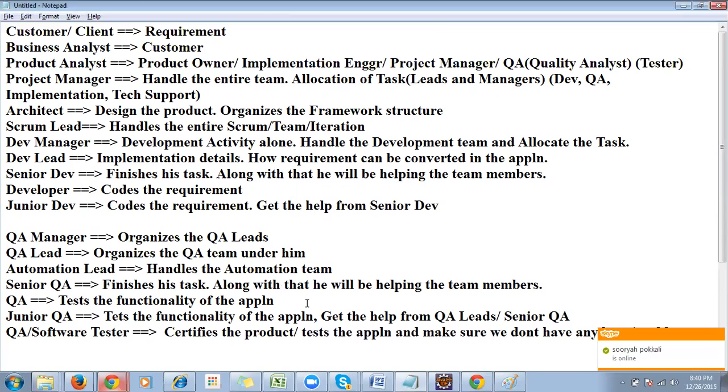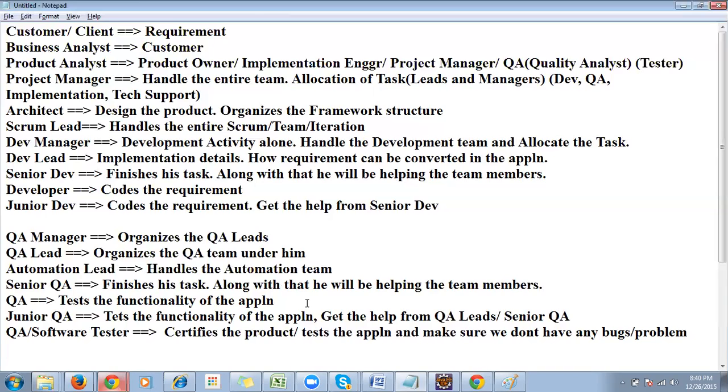That's what we are going to see here. The software testing lifecycle means, from our side, how the software needs to be tested. That is what we are going to see here.